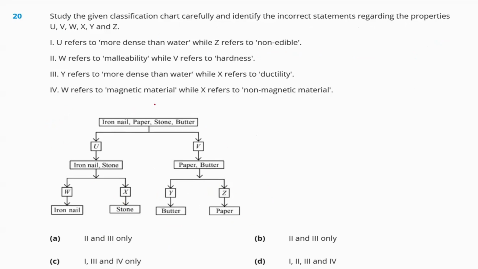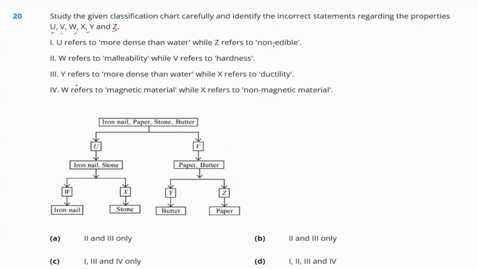20th. Study the given classification chart carefully and identify the incorrect statements regarding the properties of U, V, W, X, Y, and Z. So U refers to more dense than water, while Z refers to non-edible. Okay. W refers to malleability, while V refers to hardness.